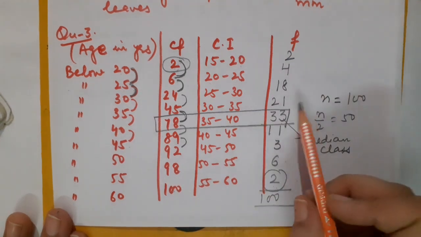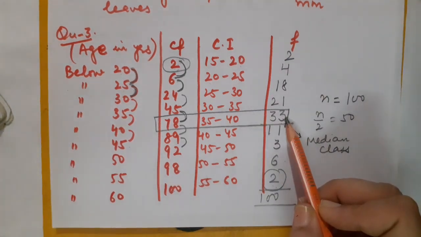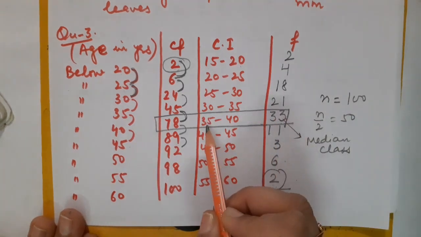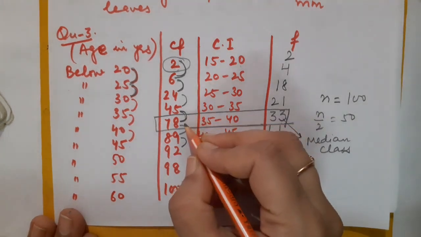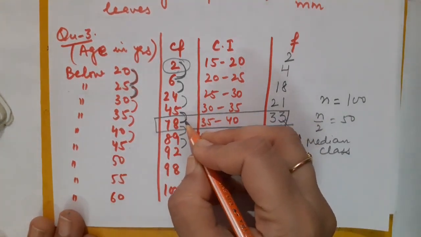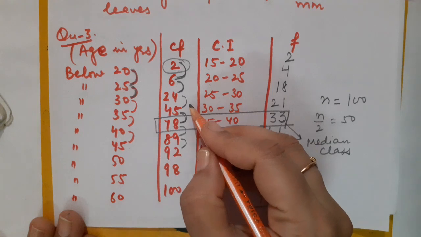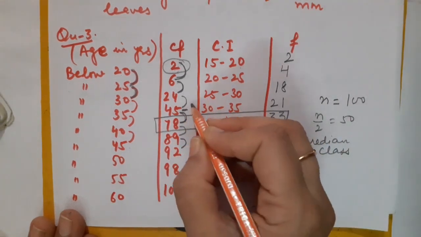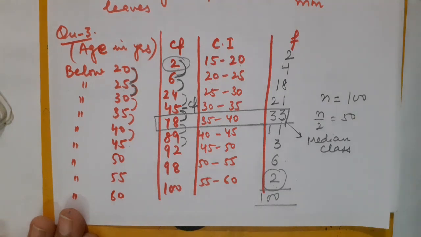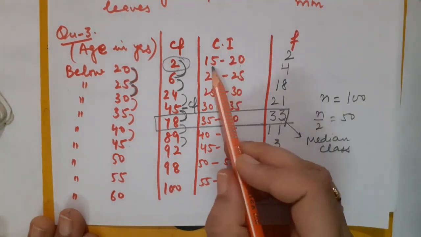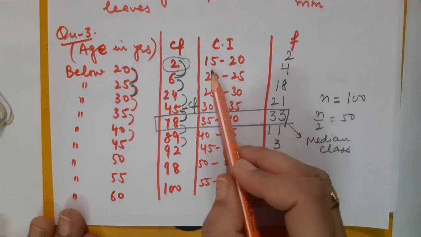So the frequency will be 33, the lower limit will be 35, and for the cumulative frequency, you have to take the cumulative frequency preceding the median class. So 45 will be the cumulative frequency. And h, you know, means the difference between the upper and lower limit, which is 5.